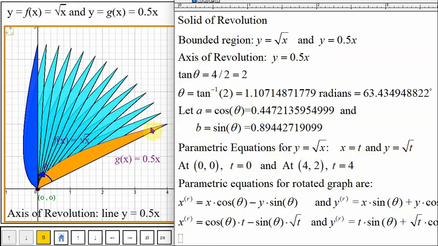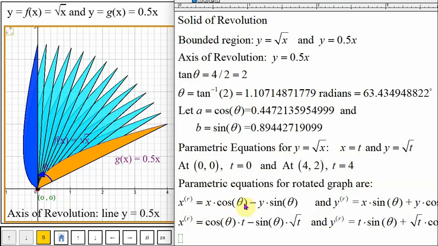Notice that at the point (0, 0), t is 0, and at the point (4, 2), t is equal to x, so t will be 4.